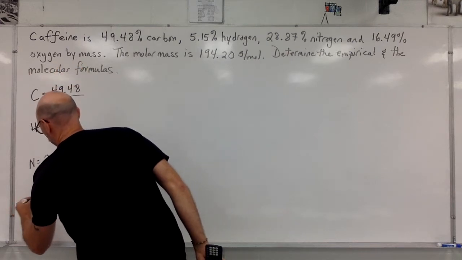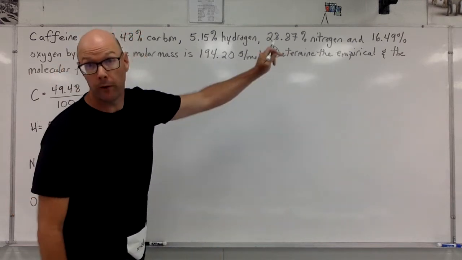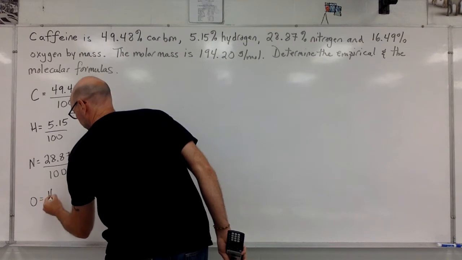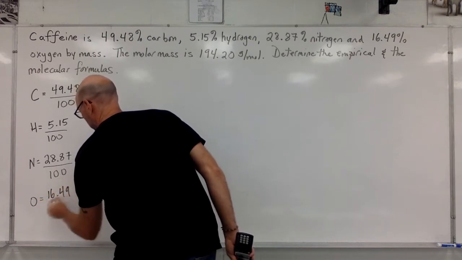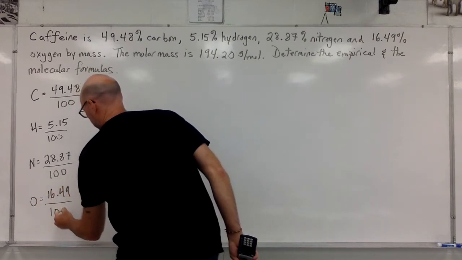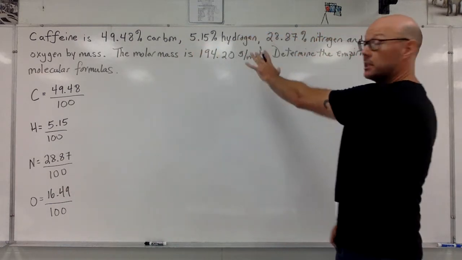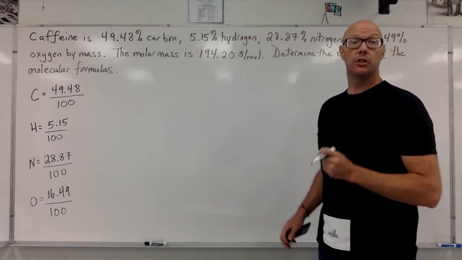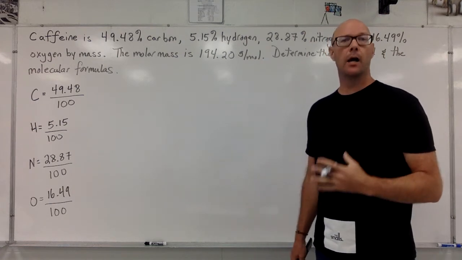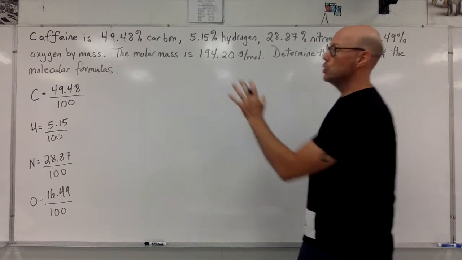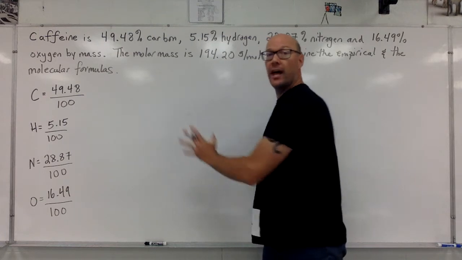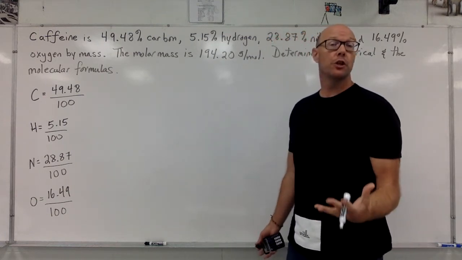For the oxygen, 16.49. For each element, take the percent and convert it into a decimal by dividing by 100. You yourself might like to show that answer. I would encourage you to not.